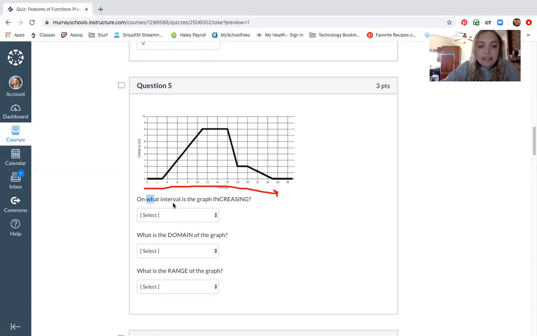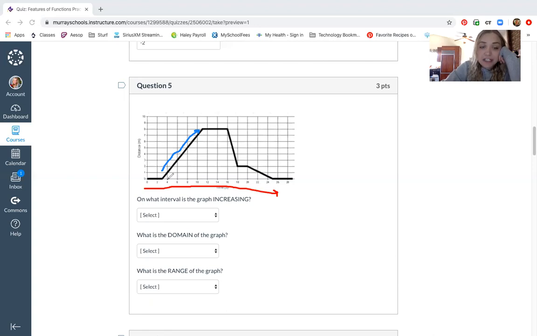Sometimes people try to tell me that it's increasing here. If you try to say that it's increasing right here, you're working backwards. You cannot have your arrow going backwards. So we need to look for increasing from left to right. That would be only this section right here. That's the only section of the graph that goes uphill when you're moving from left to right.